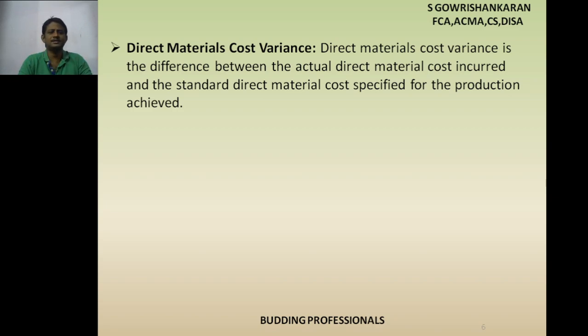This is the ultimate answer after doing a lot of mix, yield, usage, price. Then ultimately you will get this direct material cost variance. Simple. It is nothing but, say for example, standard quantity: for producing product A, I have to incur 10 kg of raw material.